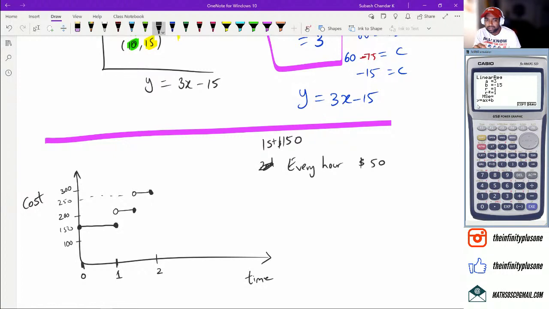I think this was in last year's exam paper, where a person is saving this much money by the end of week 1, week 2, and so on. In that case you always put it as a dot, so you don't join the line up, because they get paid at the end of each week.